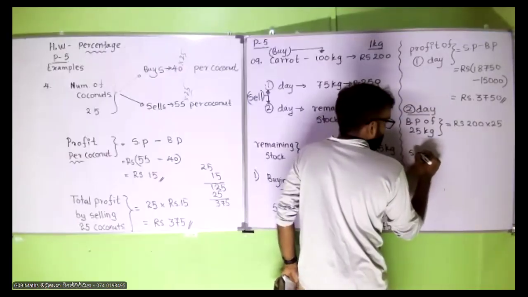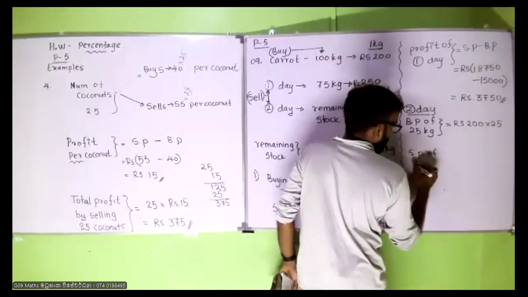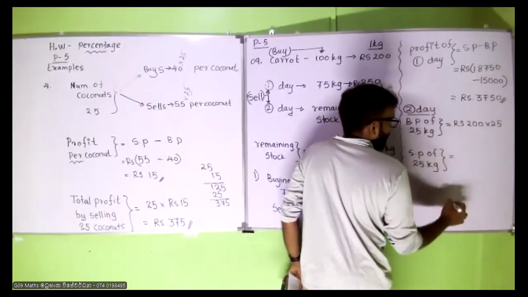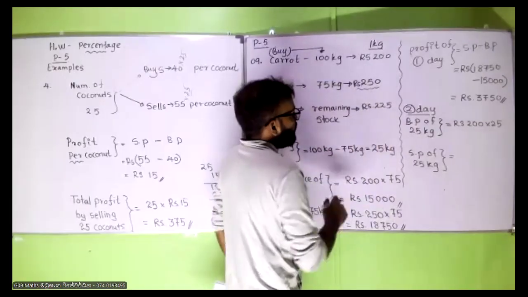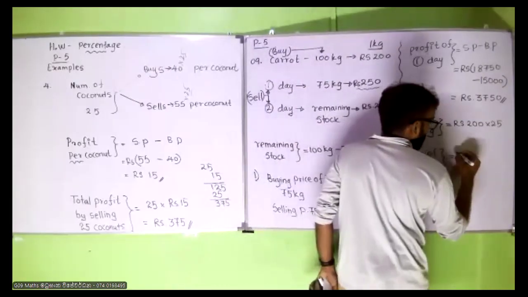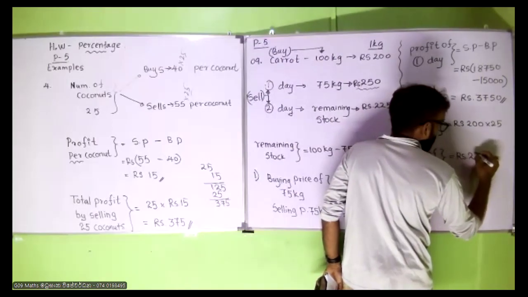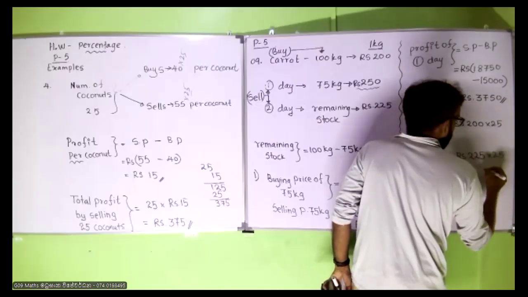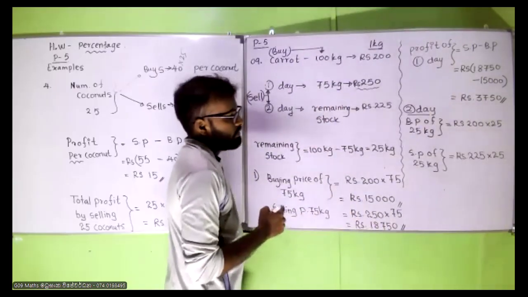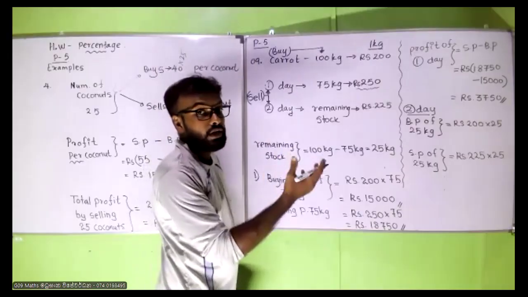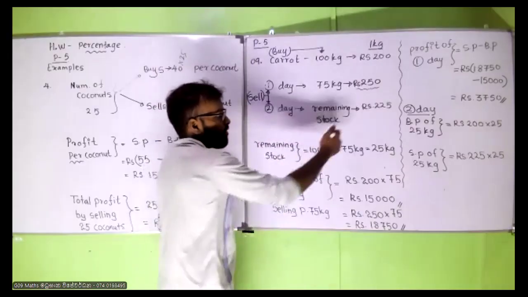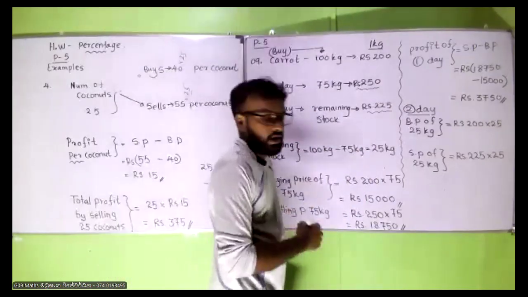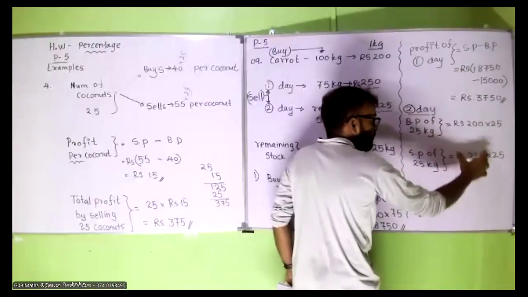Then the selling price of 25 kilograms. Selling price is 225, 225 per kilogram. Right. So the same 25 kilograms has been sold in the second day at the price of 225 rupees. Right. So you have to get the subtraction. I am not going to simplify these two.